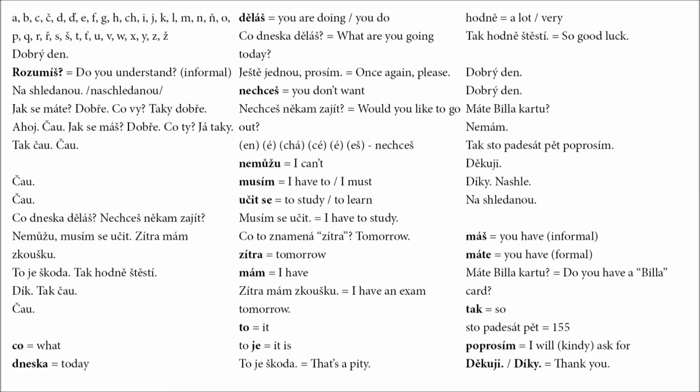Tak čau. Taky is also. Tak is more like so, but it's a word that doesn't really mean much. It's like the word that people use a lot without really a deep meaning in it.